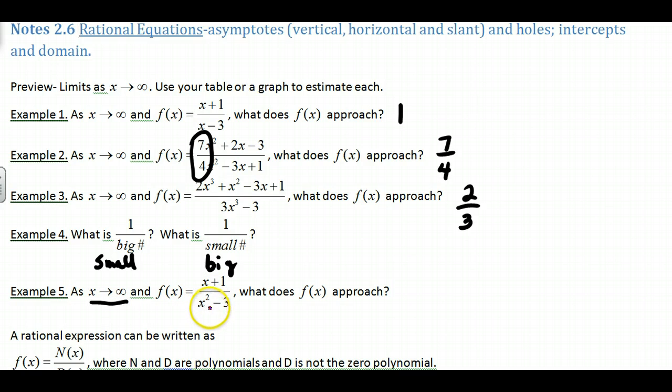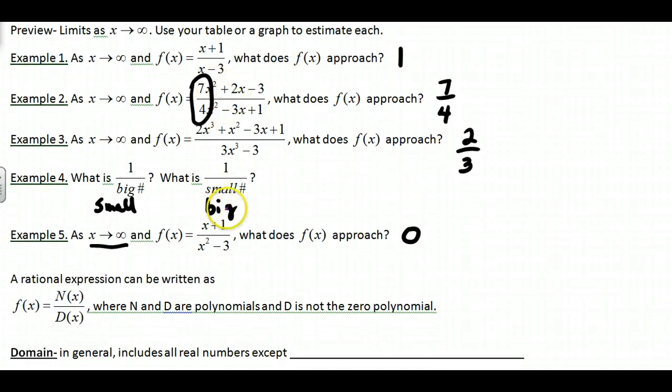The bottom is going to go off to infinity at a much faster rate than the top is. So that would fall under this category: what's 1 over a big number? It's not exactly 1, but the bottom's growing faster, so this would become a very small number. A small number that we're looking at would be 0. And you can verify that with your calculator and your graphs.